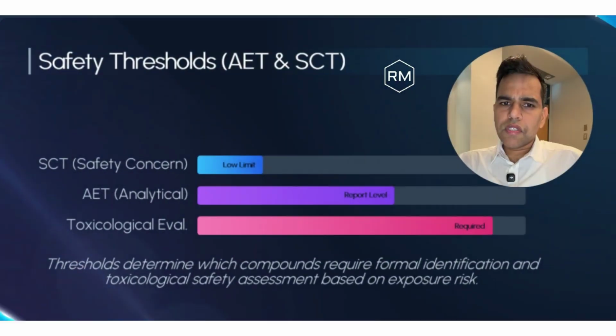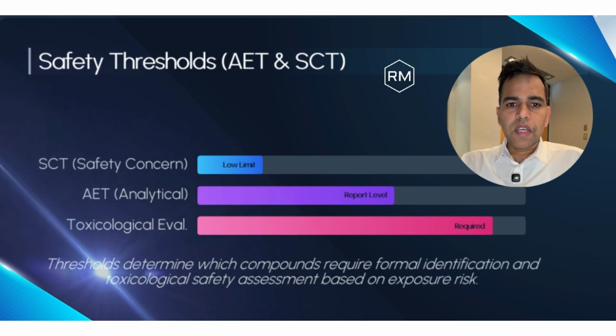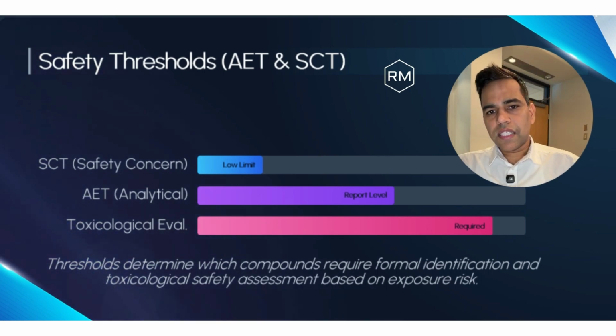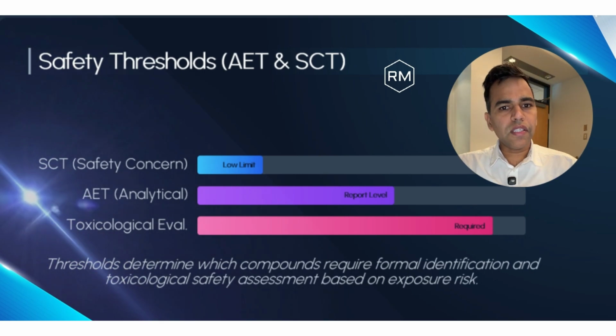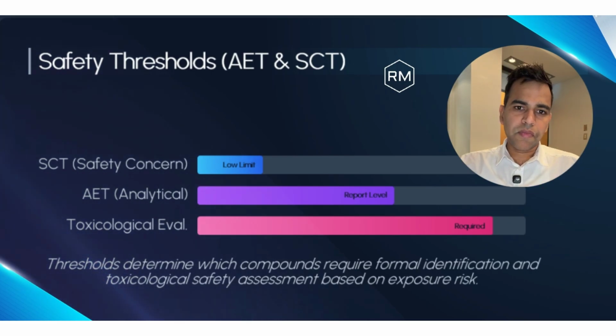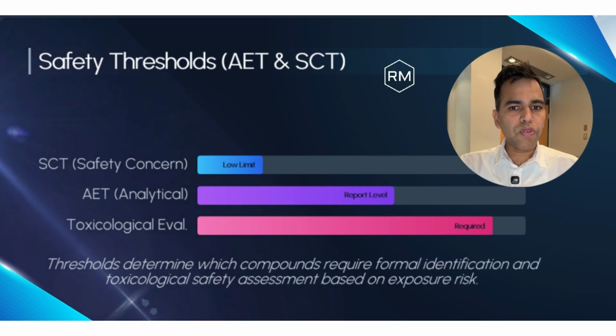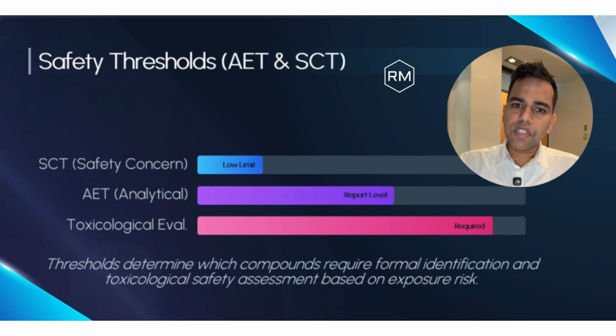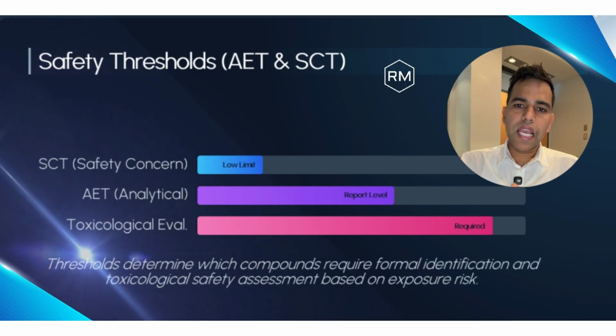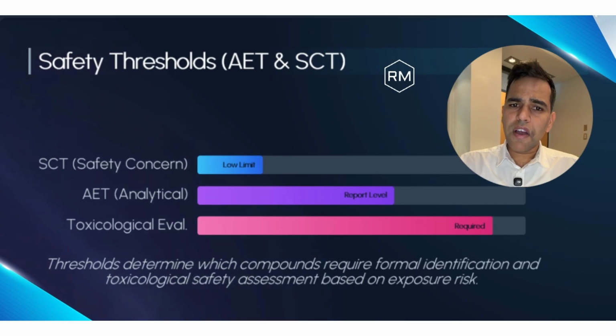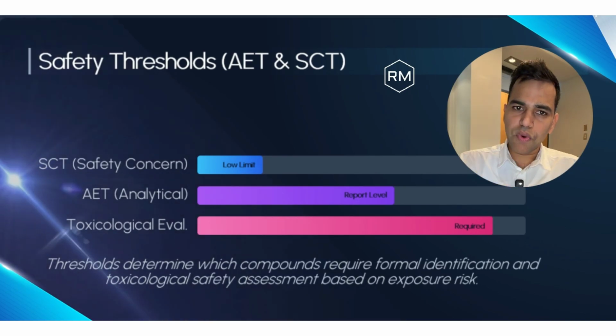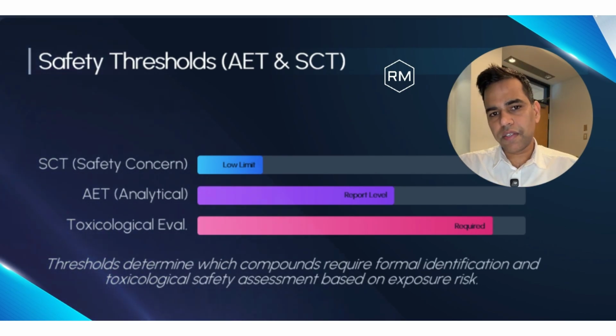Now let's talk about safety thresholds. Once compounds are detected, the next step is evaluating their safety. This is where thresholds come into play. The analytical evaluation threshold, or AET, defines what needs to be reported and identified.